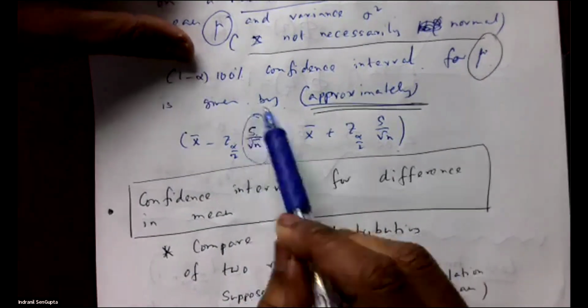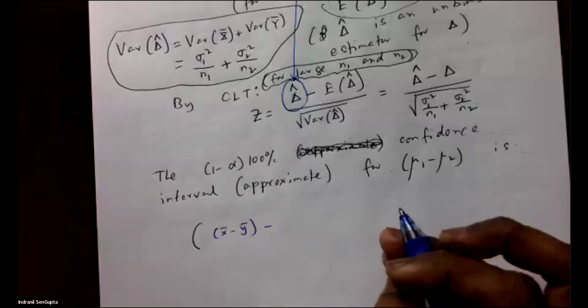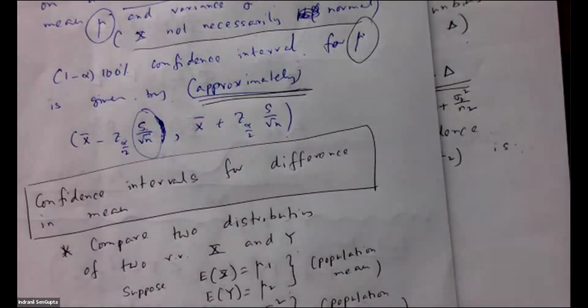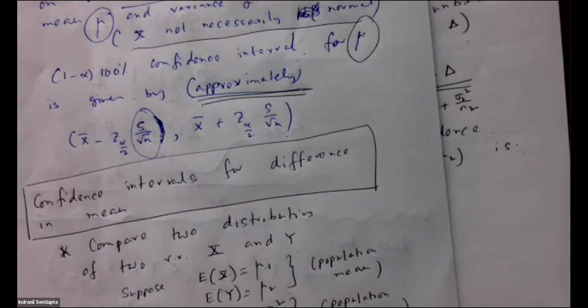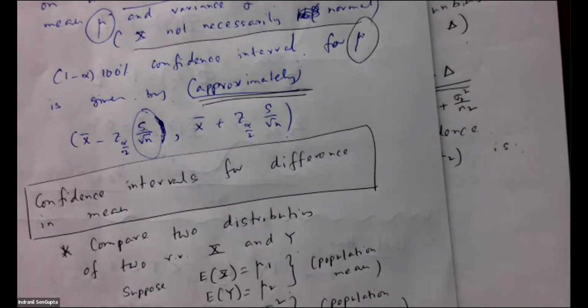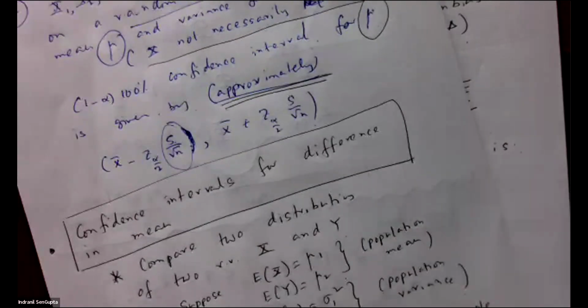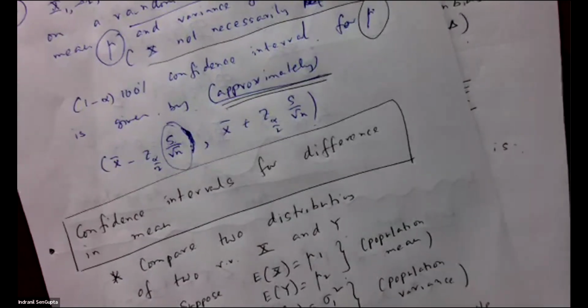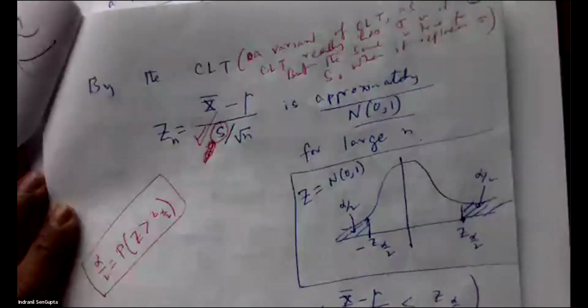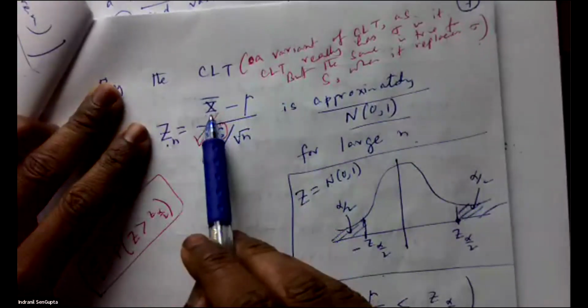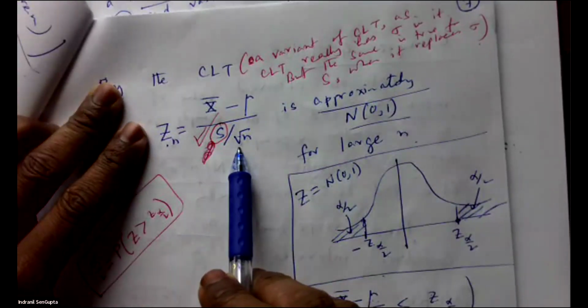So if you recall the way we found it, let me just show you from the last class. Where did that come from? In the last lecture, there was a Zn, which was x bar minus mu over s over square root of n.